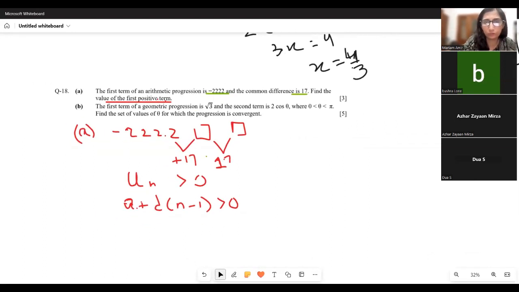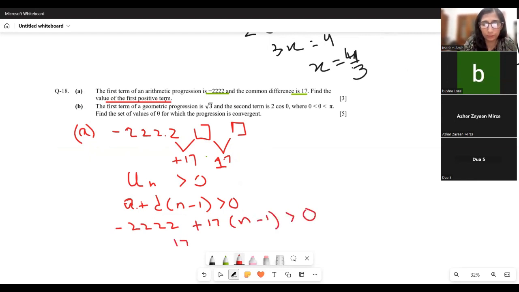A is minus 2222, d is plus 17, times n minus 1 greater than 0.